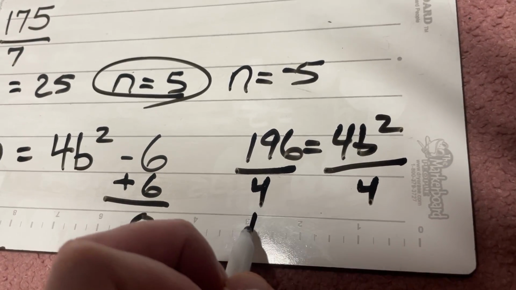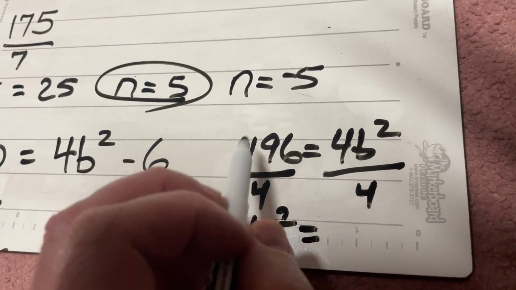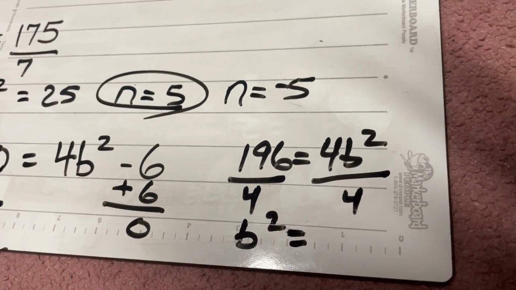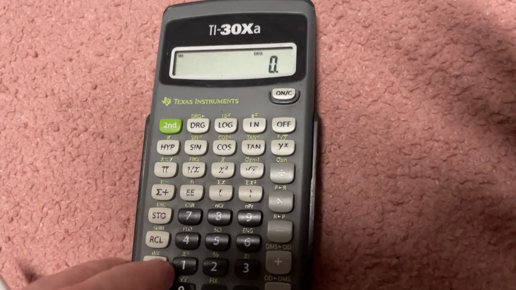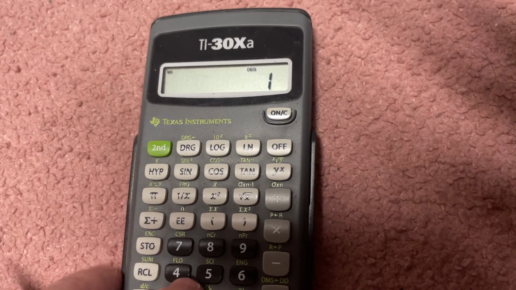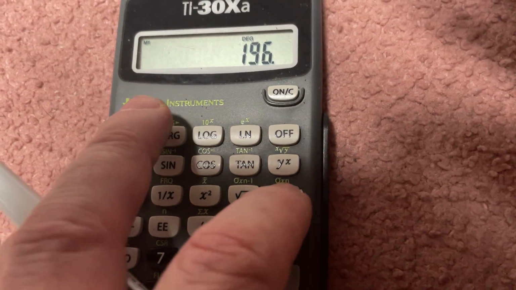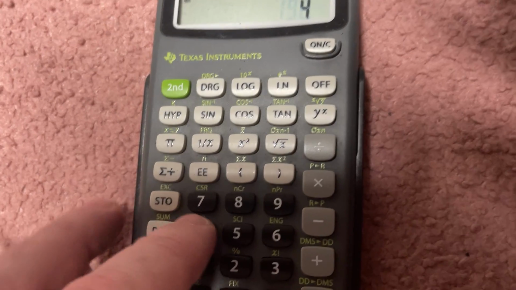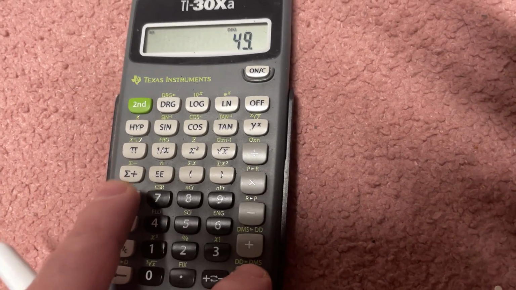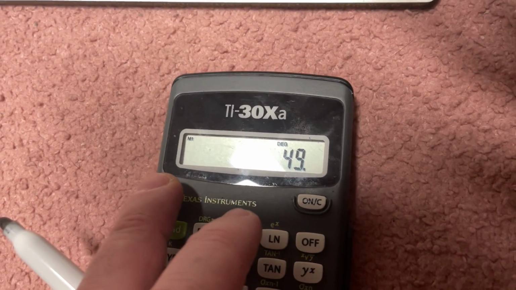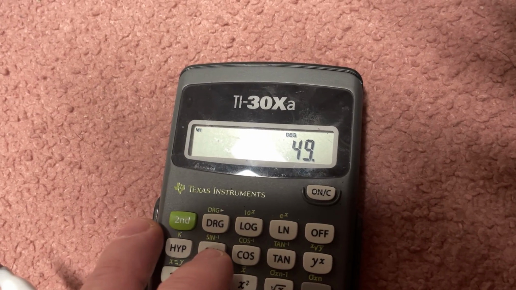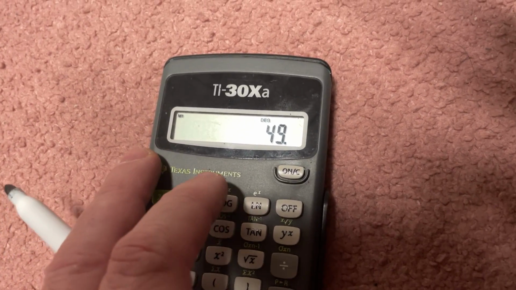That becomes b squared equals whatever 196 divided by 4 is. I come over here, 196 divided by 4 equals 49.